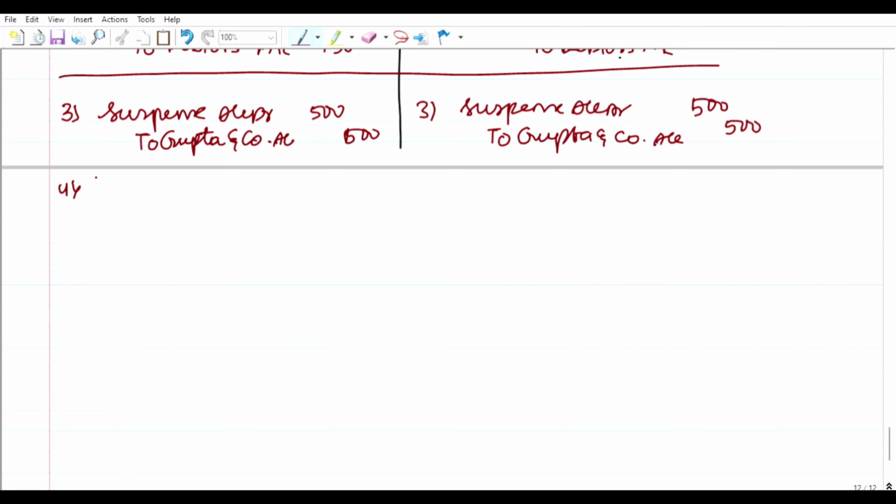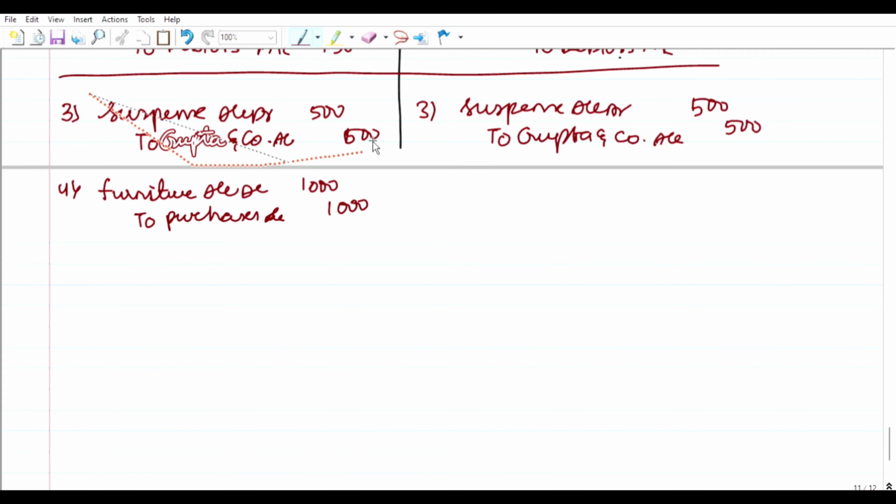Okay, fourth entry, we are going to write the entry as furniture account debit to purchases. Purchases daybook or purchases book, both are same, here by rupees 1,000, as it has been written as an entry.